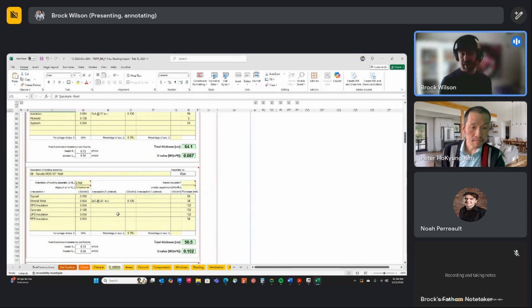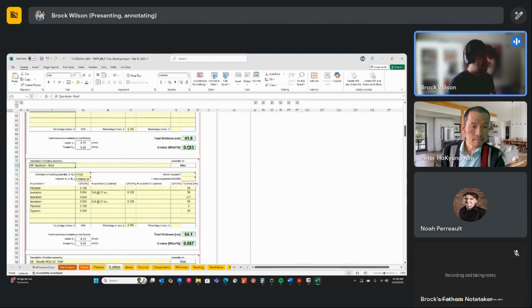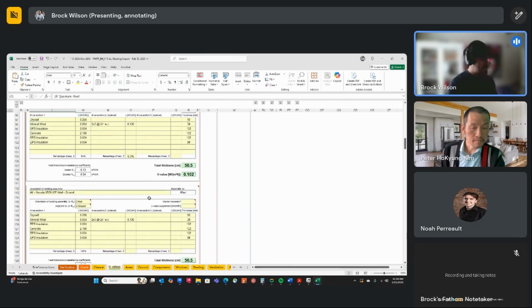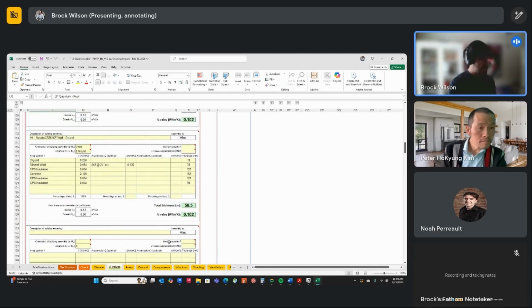So we plugged that wall assembly in here as an alternative, just to see how things work, and that one proves to be better in terms of U value than the Quantum. So that's why we're getting a lower number.